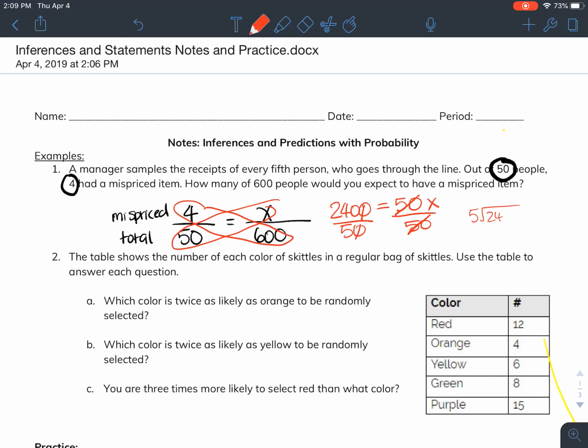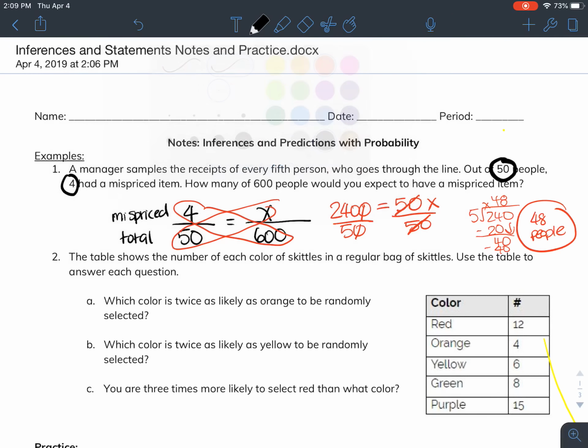So top dog goes in the house. 5 goes into 24 4 times. Bring down the 0. 5 goes into 40 8 times. So that would be it. So the final answer would be 48 people that you would expect to have mispriced the item.